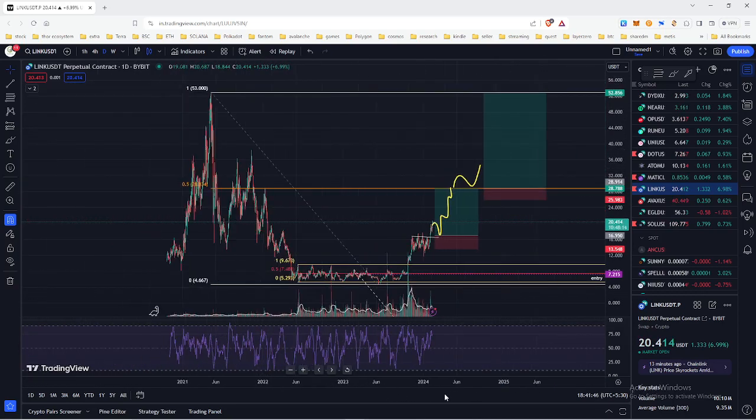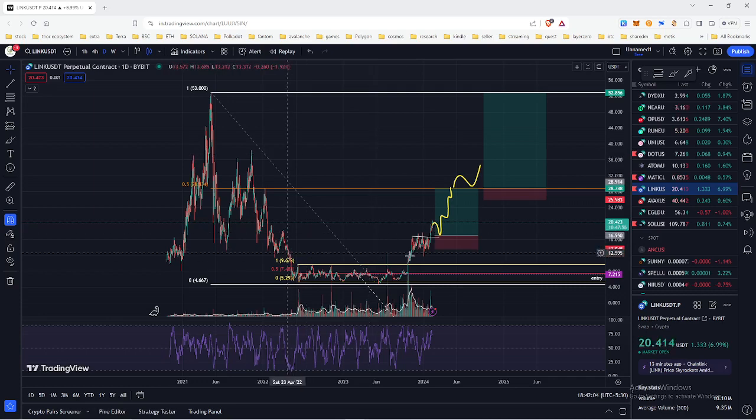These are the bullish trades, and I'm not going to give you any short trade. I'm just telling you my thesis and what macro trade I will be taking on Link. These two are the possible trades available.